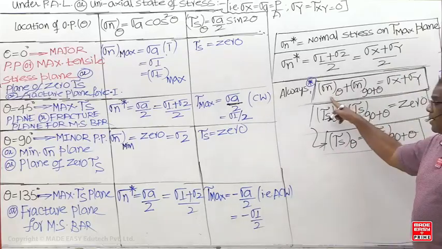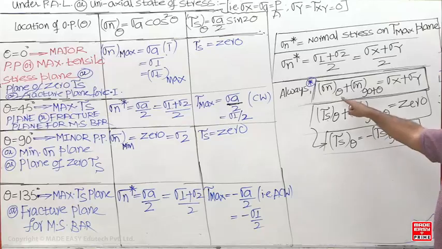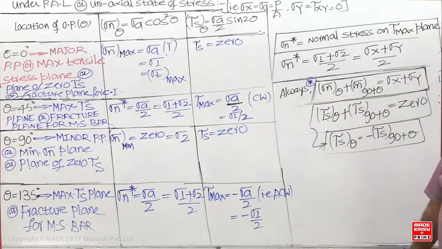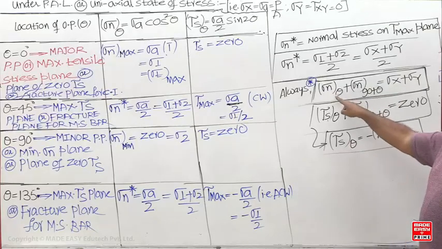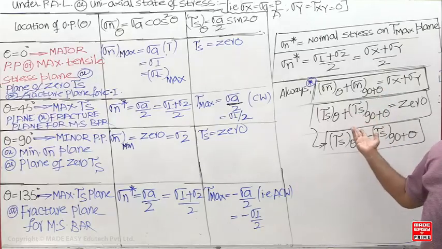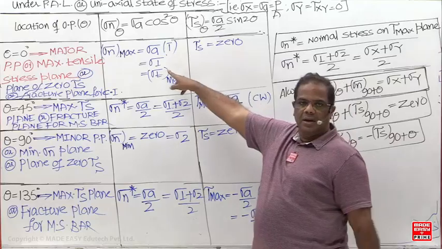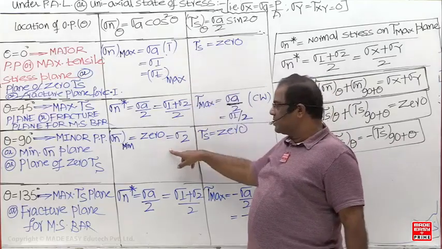But what about the complementary normal stresses? Their sum is equal to sigma x plus sigma y. Now are these two equal or unequal, like or unlike? Maybe equal, maybe unequal, maybe like, maybe unlike. Just now you studied the sum of these two.